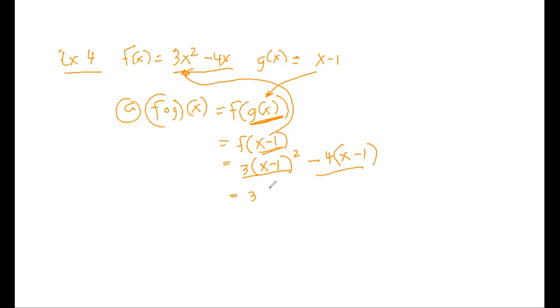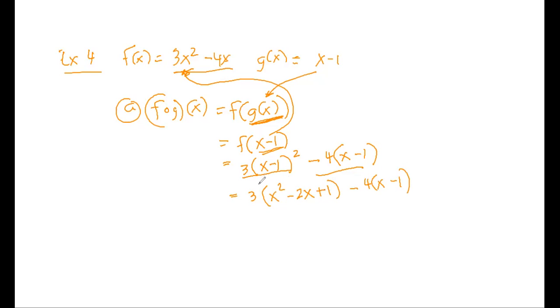We'll expand this one using the special products. It's square the first, minus twice the first and the last, plus square the last. Minus 4 quantity x minus 1.